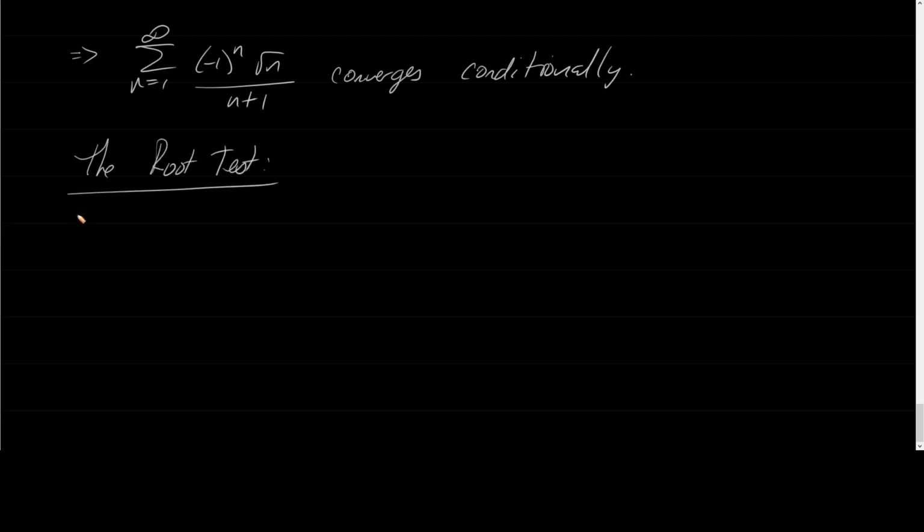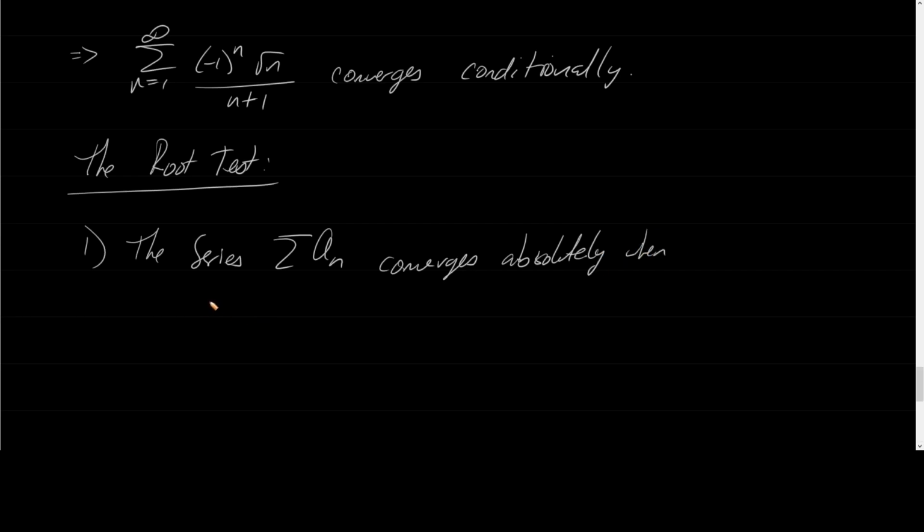The root test says, well, the series of a sub n converges absolutely when the limit as n goes to infinity of the nth root of the absolute value of a sub n is less than 1.